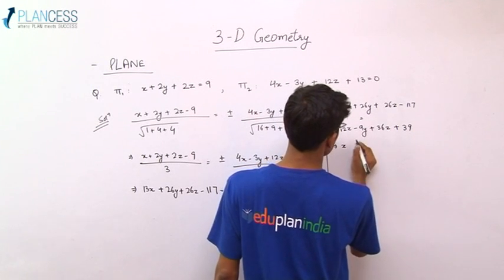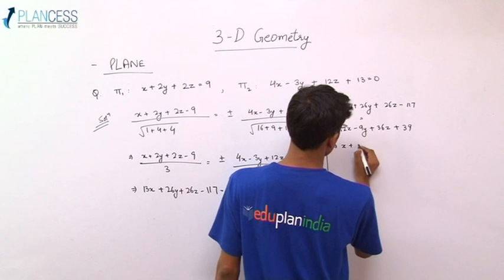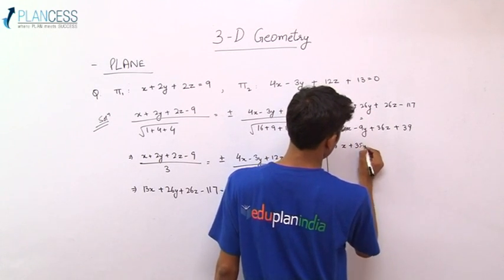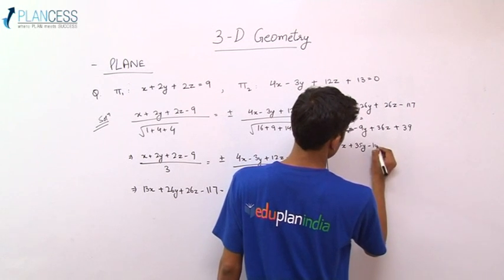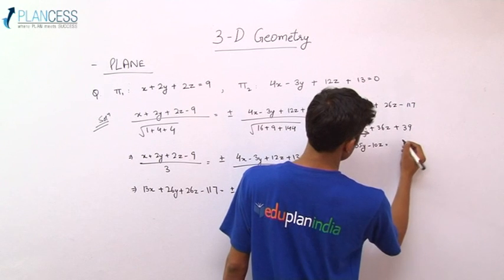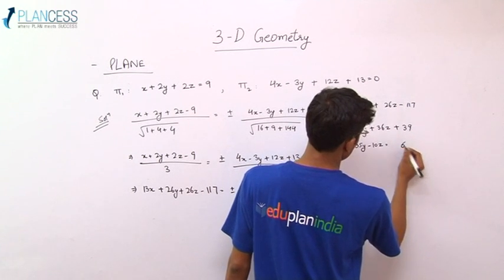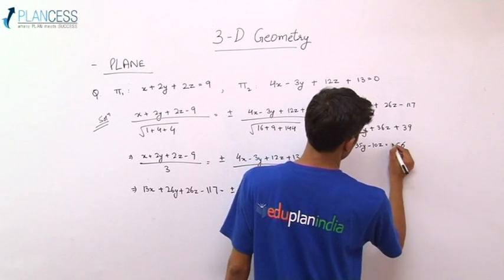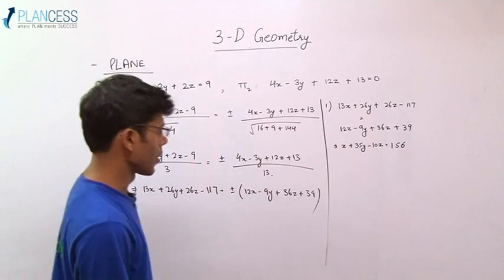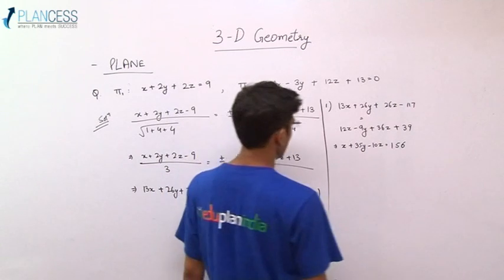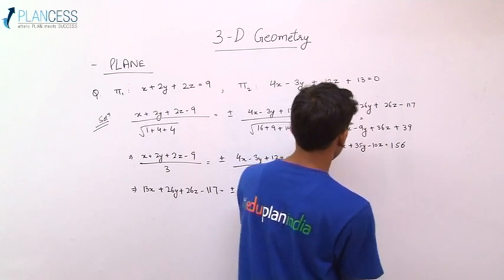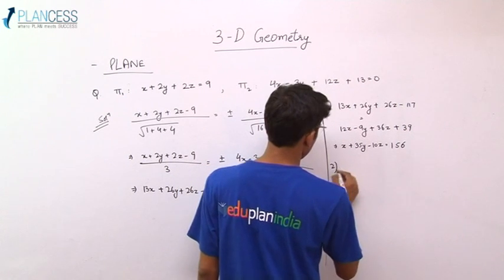So x plus 26 plus 9 is 35y minus 10z is equal to 156. Fine. Now the second is keeping the negative sign.